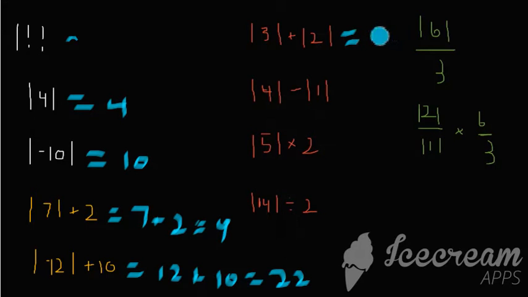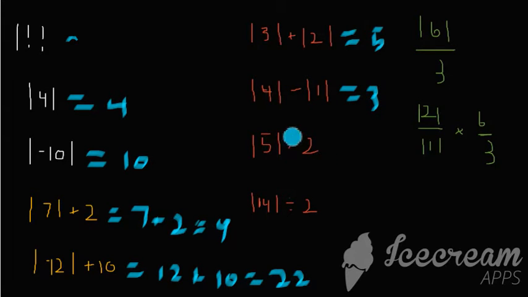And then same thing here, absolute value of 4 minus absolute value of 1 is basically 4 minus 1, so 4 minus 1 is equal to 3.